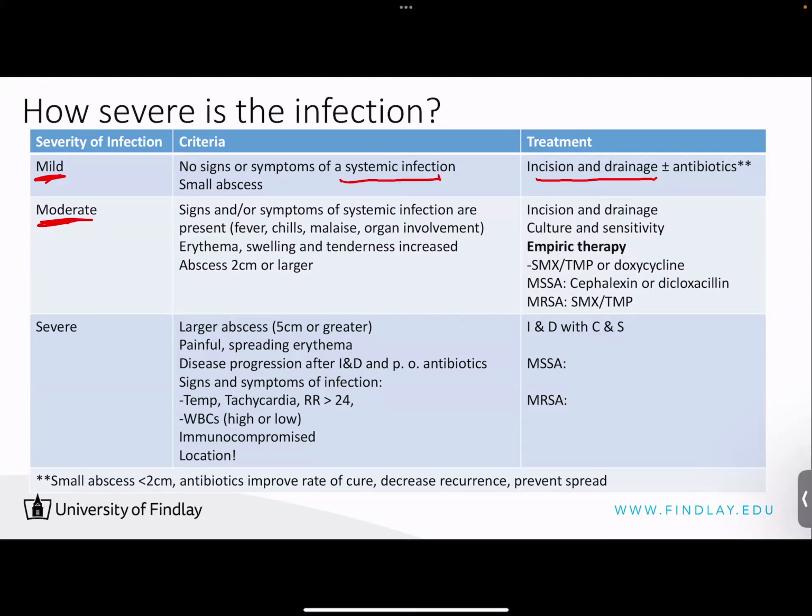Do you trust your patient? When I say trust, what I mean is, if you write a prescription for oral antibiotics, are they going to take them? Because if they don't take them, it's not going to help.